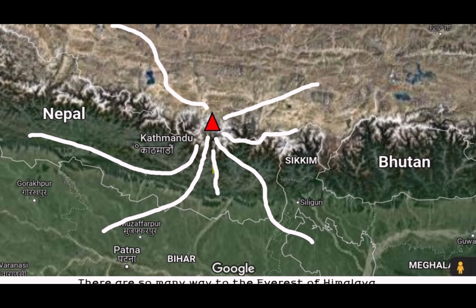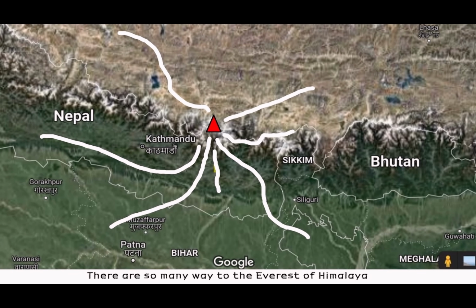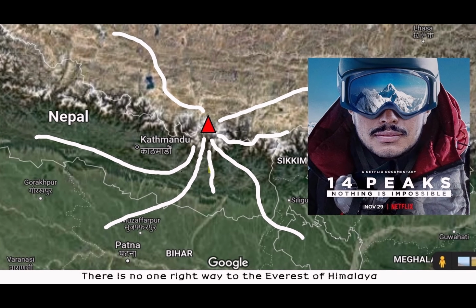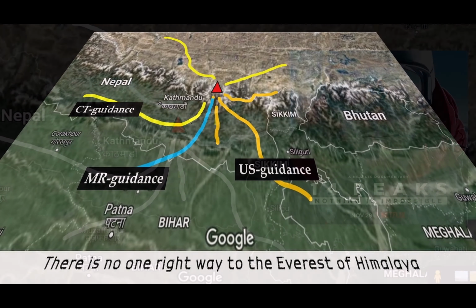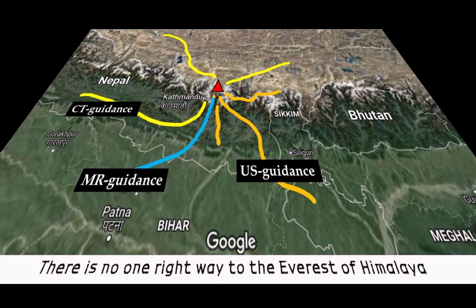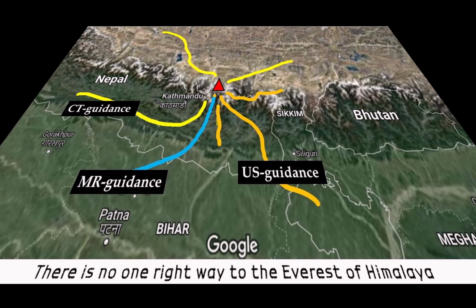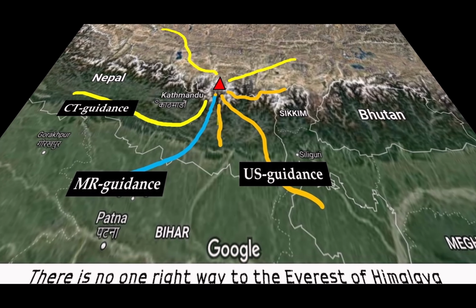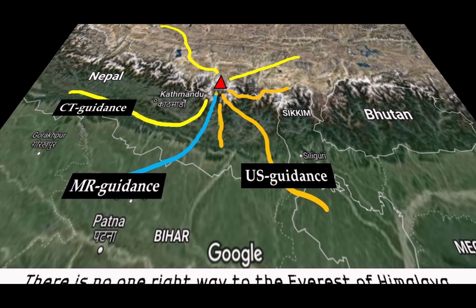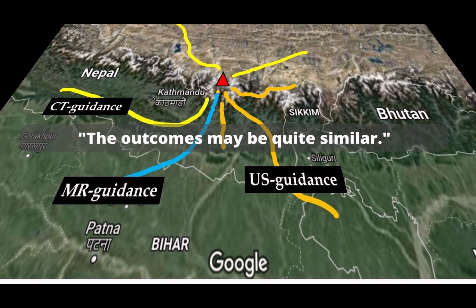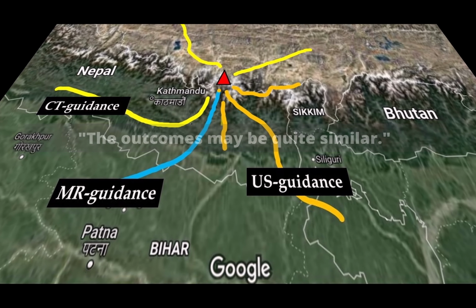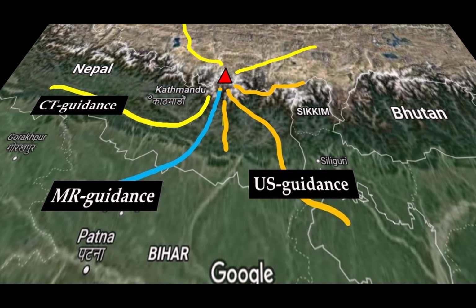Like this, there are so many ways to climb the Himalaya. So don't insist on one way. Just choose the proper weapon depending on the situation of your institution or your experience. Today I'd like to focus on ultrasound-guided ablation for hepatic dome lesion.